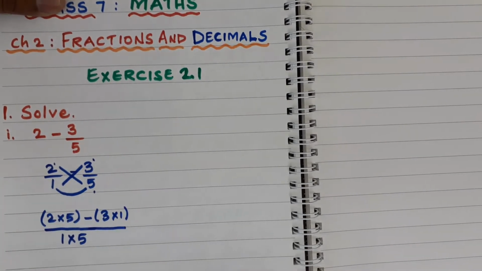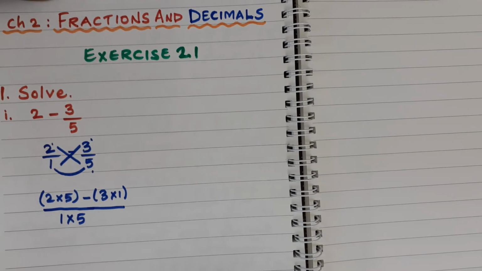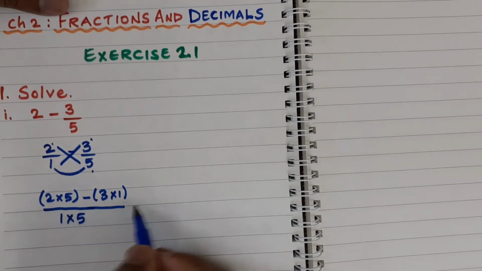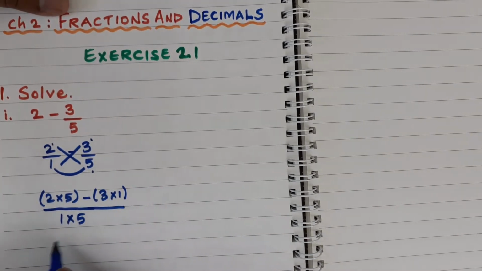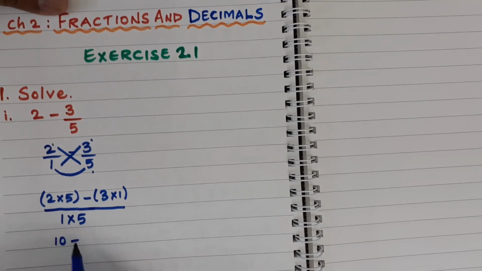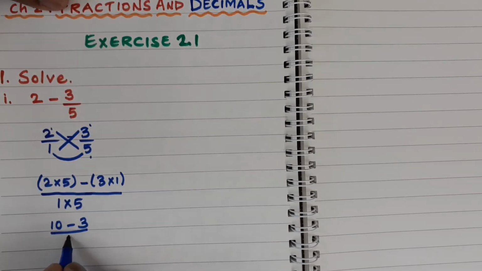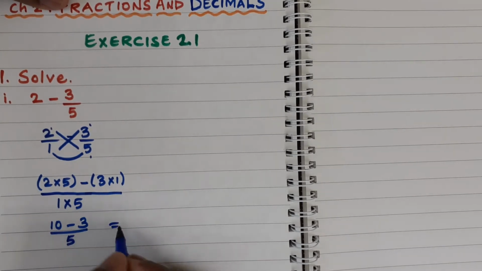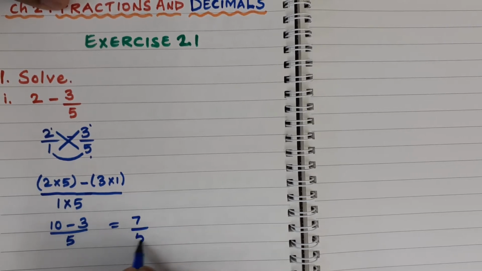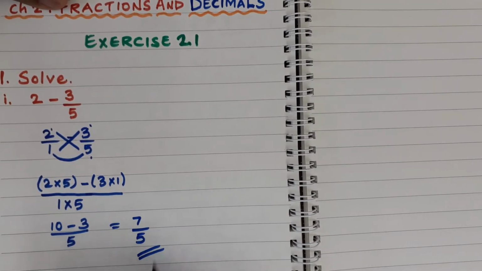This is called the cross multiplication method. Then multiply the numbers: 2 into 5 is 10, 3 into 1 is 3, by 1 into 5 is 5. So 10 minus 3 is 7, 7 upon 5. So 7 upon 5 is the answer.